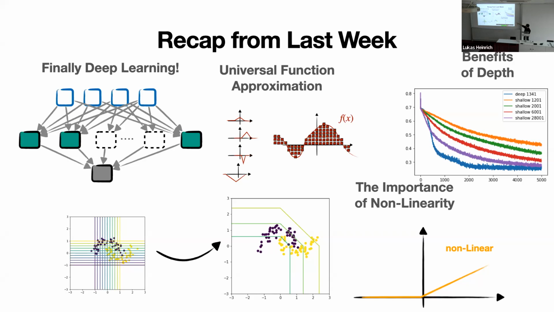It's true that a single hidden layer multi-layer perceptron can approximate any type of function, but you need exponentially more and more hidden nodes in order to approximate the function well. You can see from this that even with just 1,000 parameters for a deep network, you can approximate a function that for a shallow network with just a single hidden layer, you need like 30,000 parameters. So it's not like you're done once you have a universal function approximator.